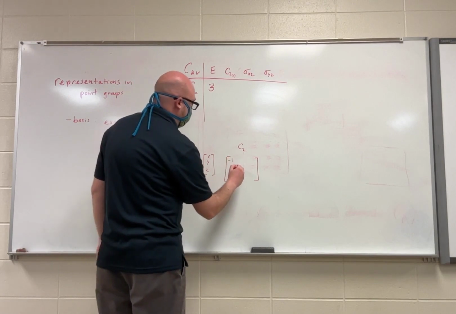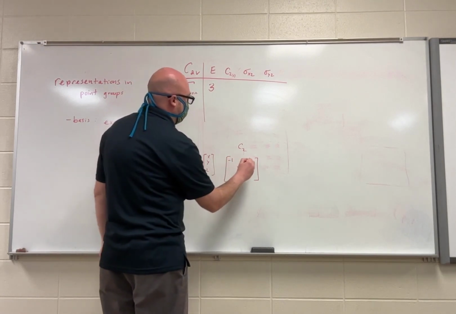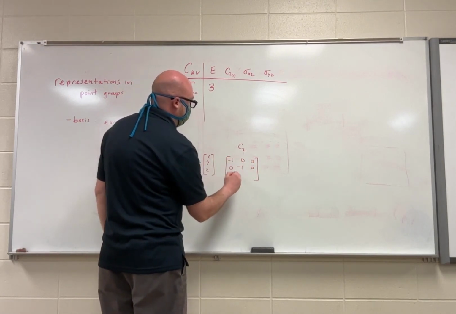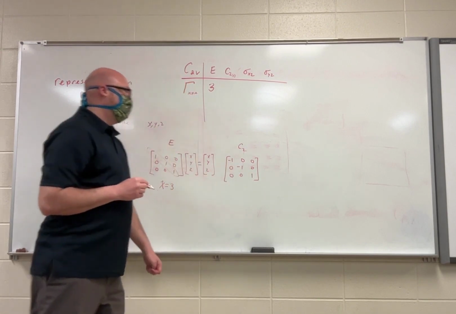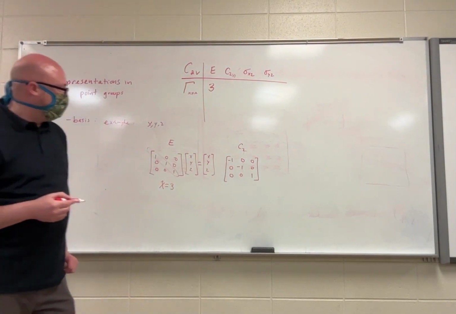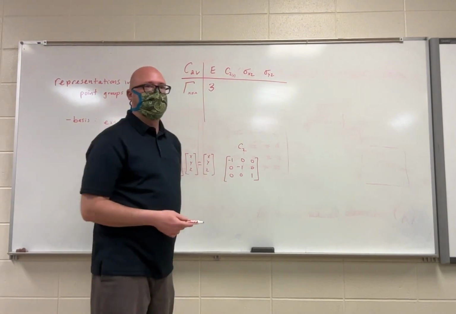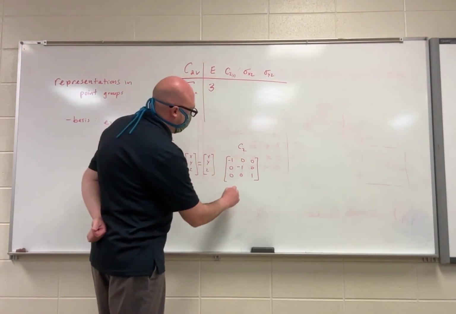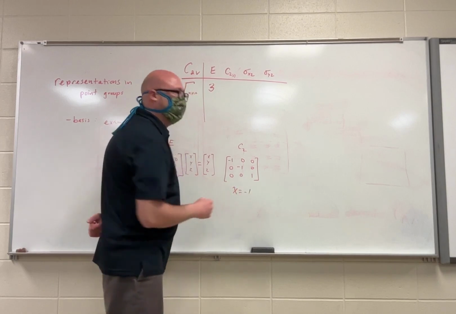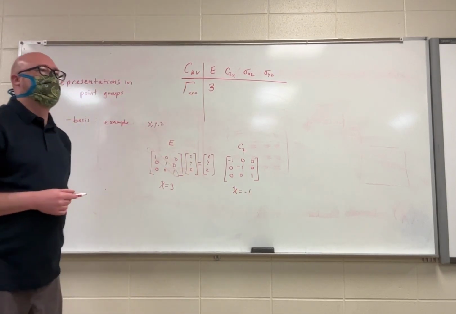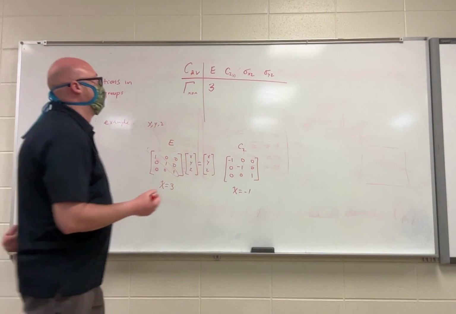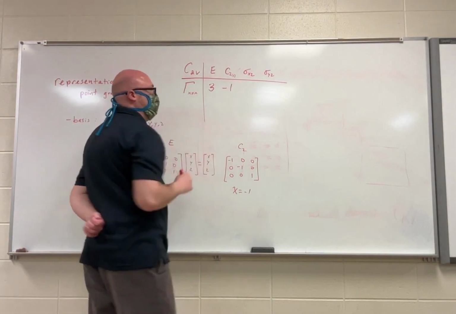So these values are -1. And then Z is unchanged. So that the transformation matrix looks like this, right? And then chi is now -1. Does that make sense? So I can put this value here.